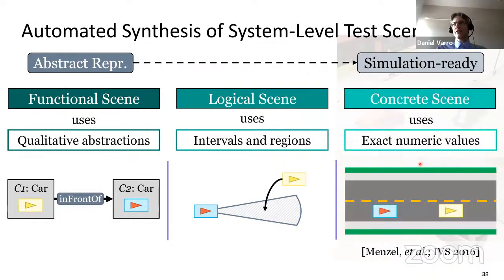Then we designate the exact numeric values for the concrete scenes, which are then simulation ready, by solving these geometric constraints. So we first aim to derive a diverse set of graph models. Then we set the constraints of the physical placement in accordance with the qualitative constraints on the graphs. And then we solve, or we try to set up, the actual positions of the cars on a physical level.